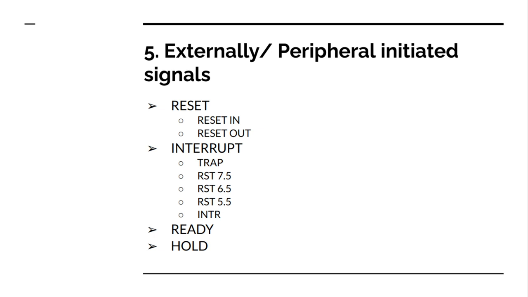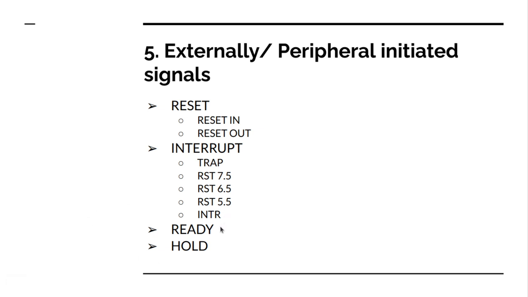Then we have interrupt, which is used to interrupt the process. There are 5 types, which are TRAP, RST 7.5, RST 6.5, RST 5.5, INTR. Then we have ready and hold.